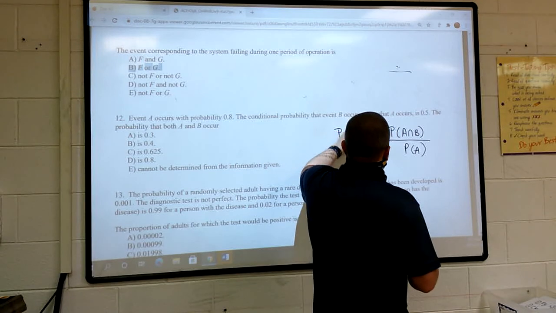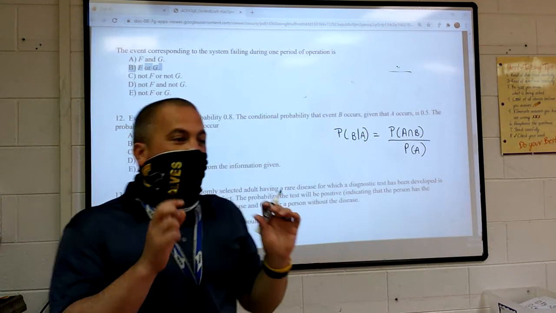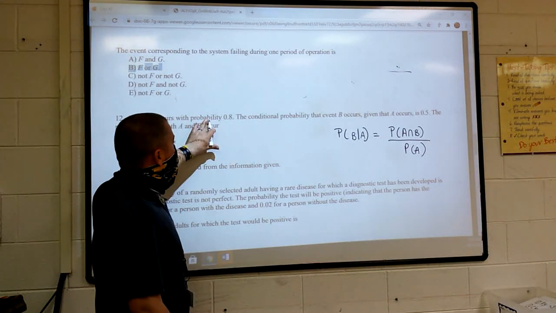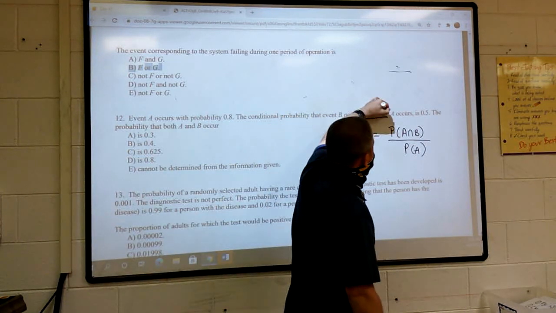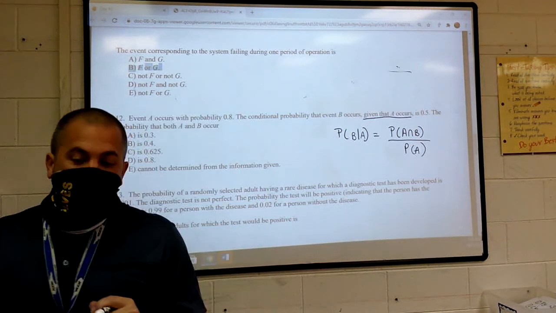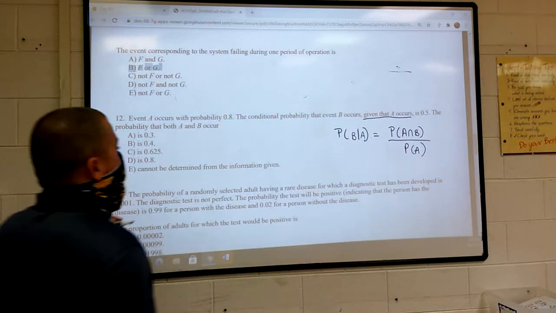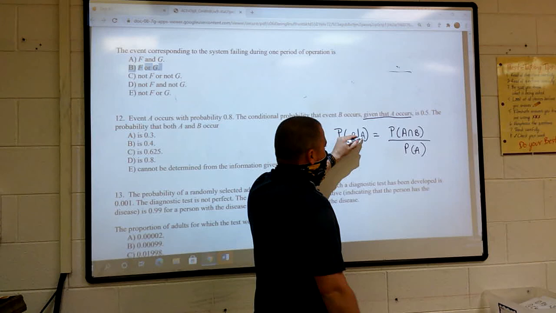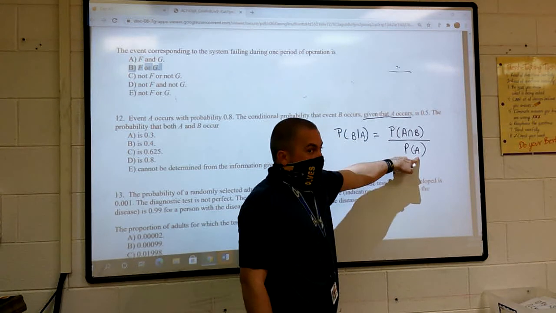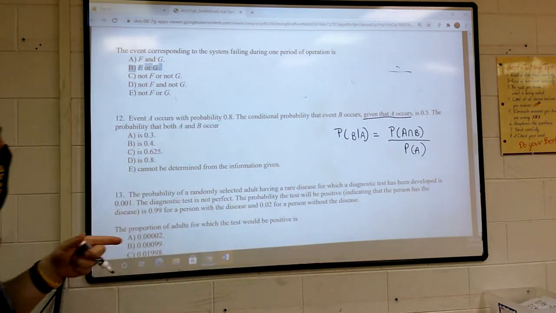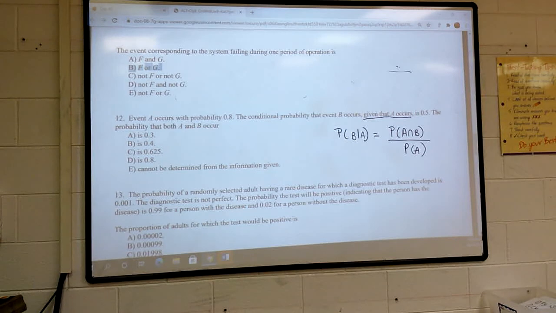The piece of information we're given is that event A occurs. They're always going to give you two of the three pieces. So the probability of B given A, if you're given A, you're always dividing by A, because what you're given is your denominator. It is the probability of A and B over the probability of A. If it was the other way around, the probability of A given B is the probability of A and B over the probability of B, because B would be what you're given.